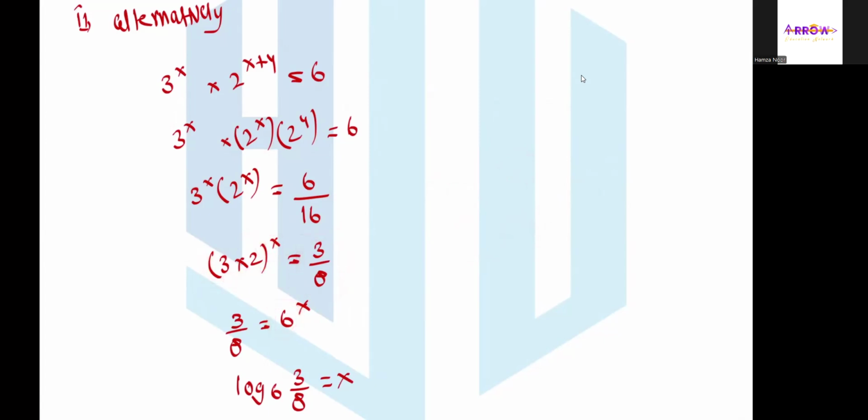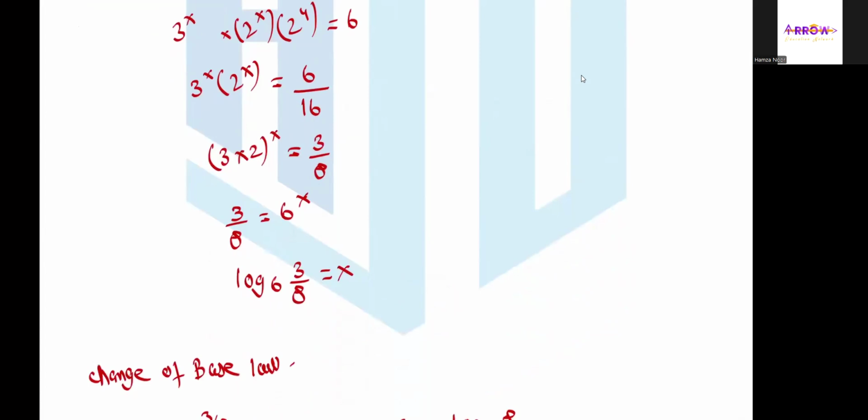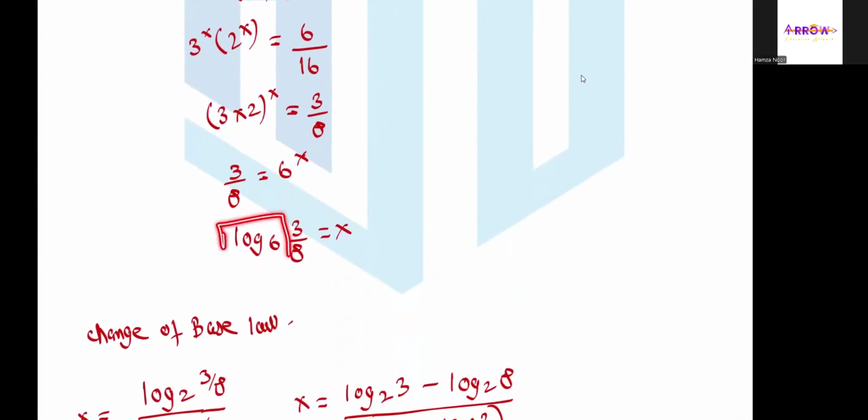So we have a basic index form, which is 3 over 8 is equal to 6 raised to the power of x. We have found the basic index form like this: y is equal to a raised to the power of x, where the base of the index form is 6. So this will become the base of the logarithmic form. So in the very next step, I can say that log with base 6 argument 3 over 8 is equal to x.